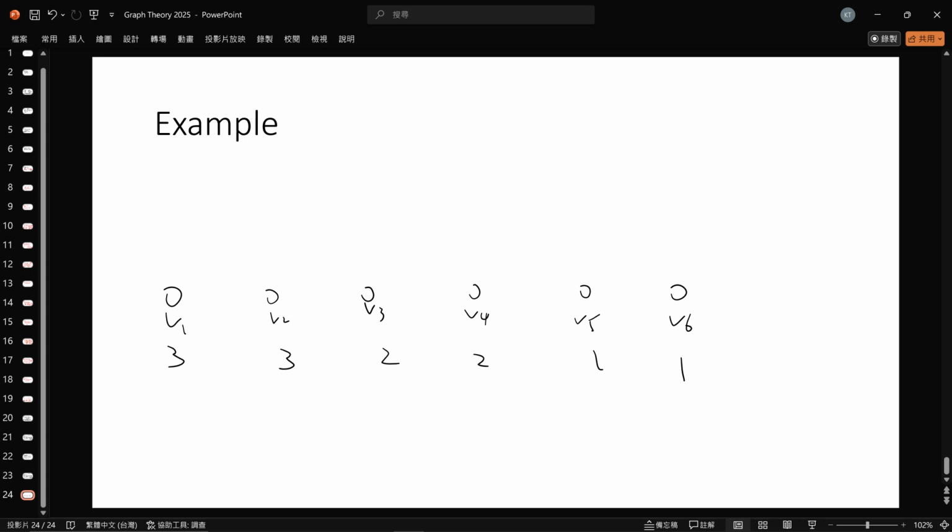So again, we choose V1. Okay, in our second step, we need to find V1's 3 neighbors. But this time we're going to pick the one that has the smallest target degrees.